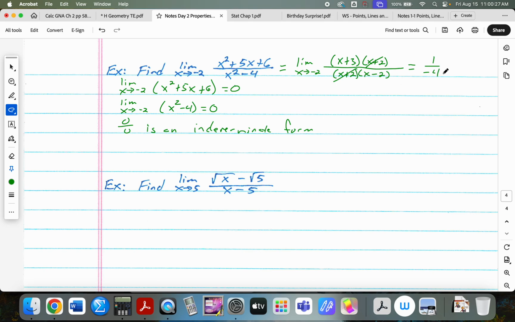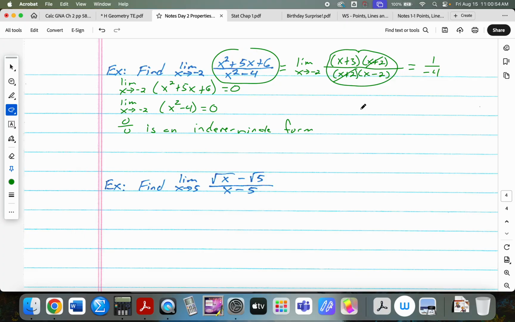So again, the only reason we can drop those is because this is a limit. This function is not equal to this function, right, with these crossed out, because this is undefined at -2, and once I've crossed those out, this is defined at -2.